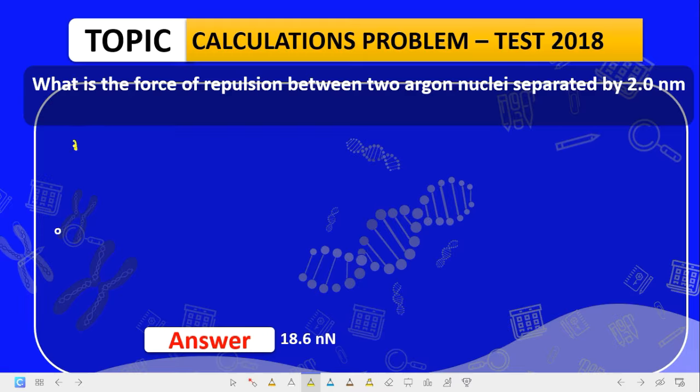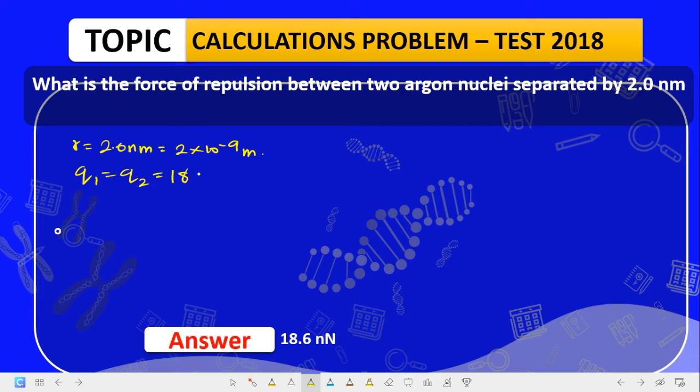We have the distance of separation, R, which is 2.0 nanometer, which is 2 times 10 raised to the power of minus 9 meter. Now, the charge Q1 is equal to Q2 because they are the same atom, two argon nuclei.